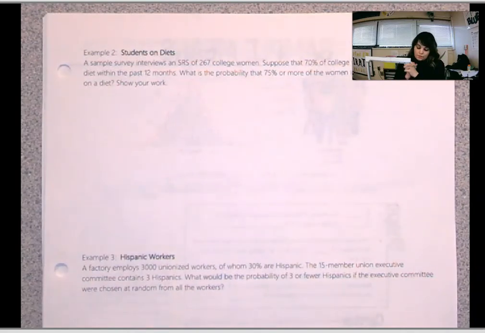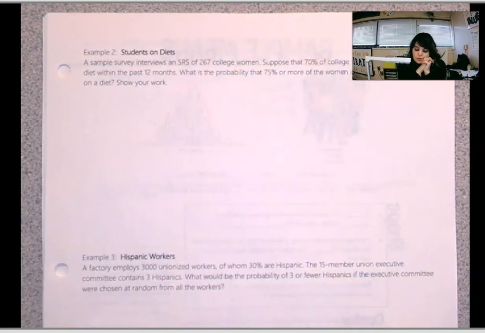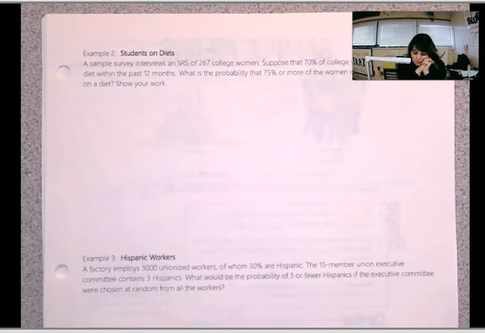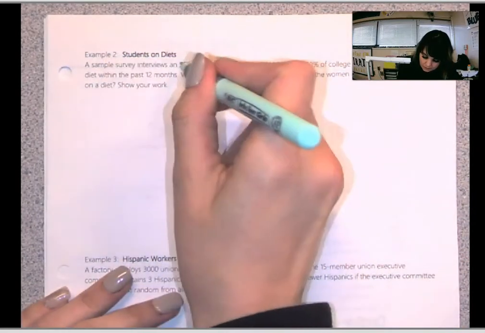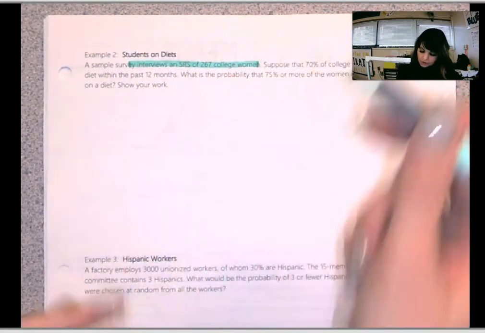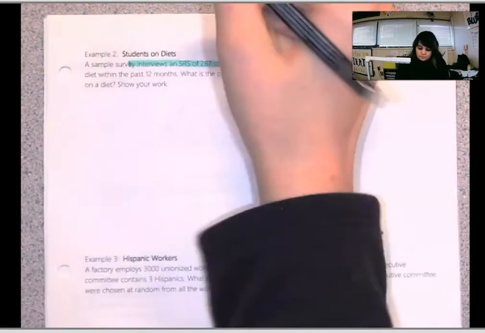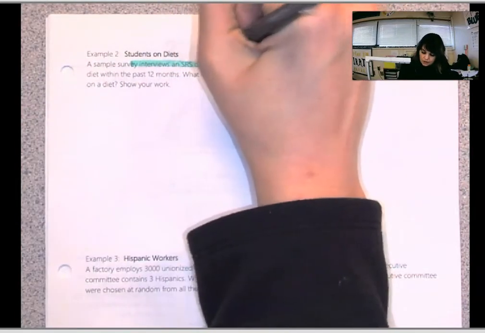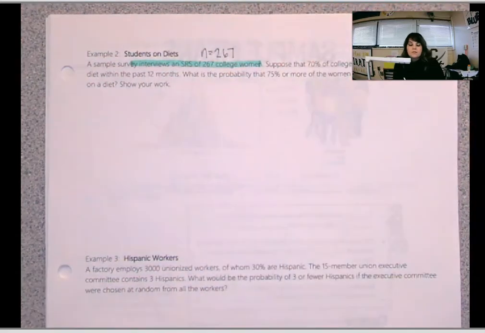Okay, so a sample survey interviews an SRS, a simple random sample, of 267 college women. I'm going to highlight that because I know that is now my sample size. And that's what you should have put for n in your lesson quiz from Part 1. Suppose that 70% of women have been on a diet within the past 12 months.